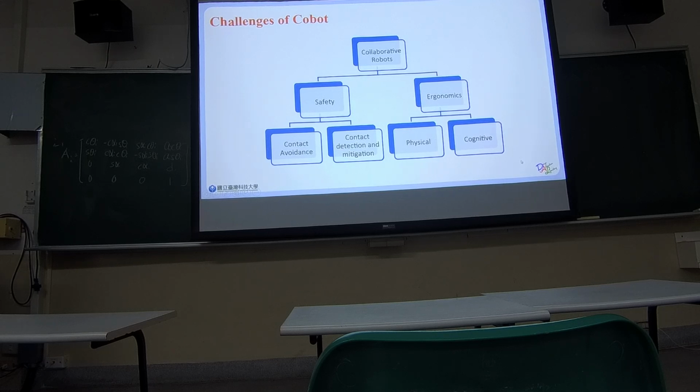Even with contact avoidance measures in place, unexpected contact may still occur under certain conditions. Therefore, cobots need to be equipped with immediate contact detection and energy mitigation mechanisms to minimize the potential harm caused by collisions.